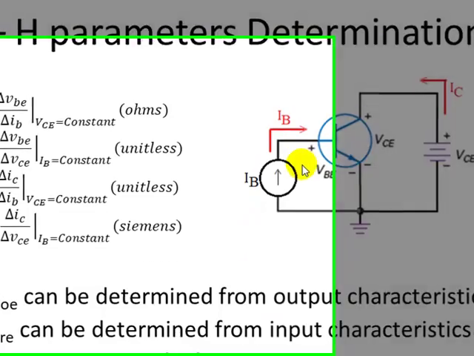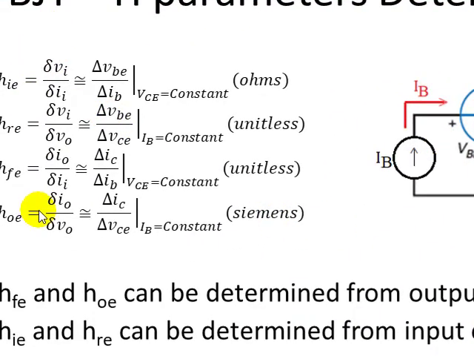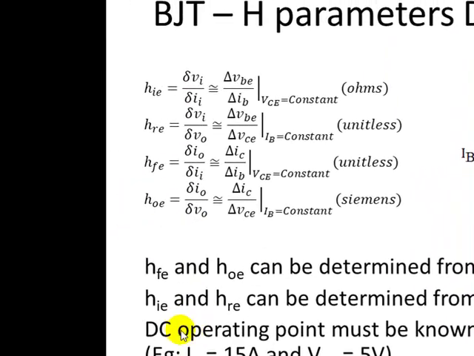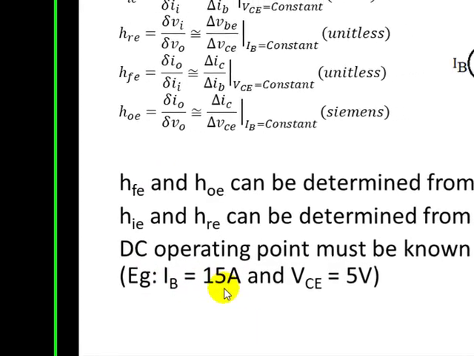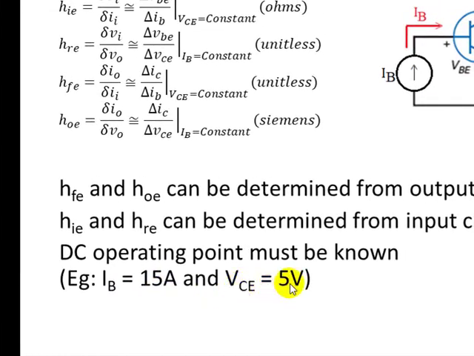To obtain the hybrid parameters, we should know the DC operating point. This is used for AC analysis. That means a DC biasing circuit should be there already, and that DC biasing circuit will provide the bias point. So I'll assume a sample bias point of IB equal to 15 microampere, and VCE equal to 5 volt.